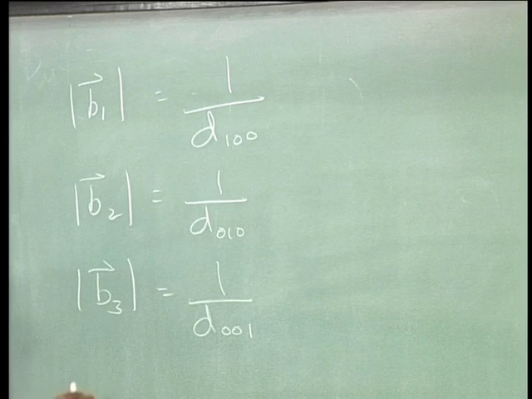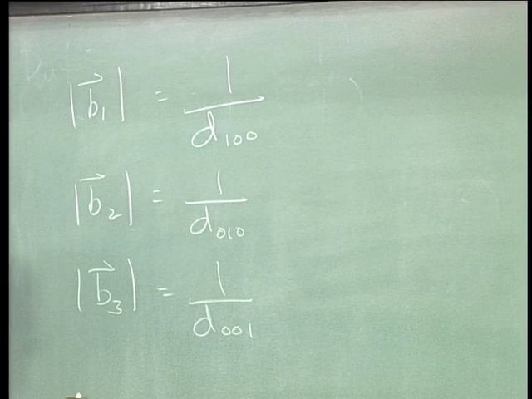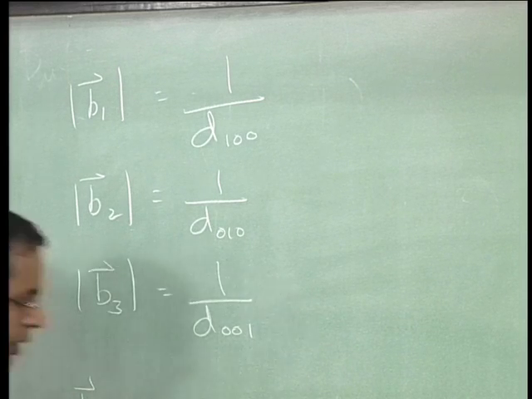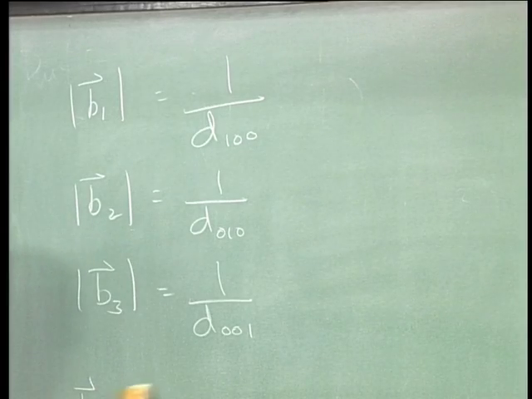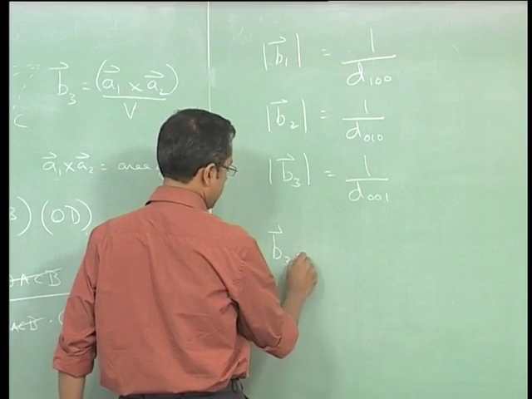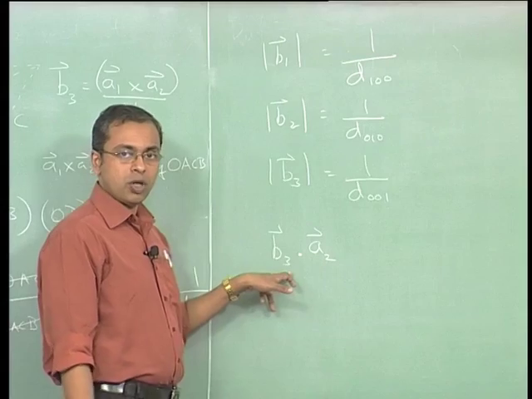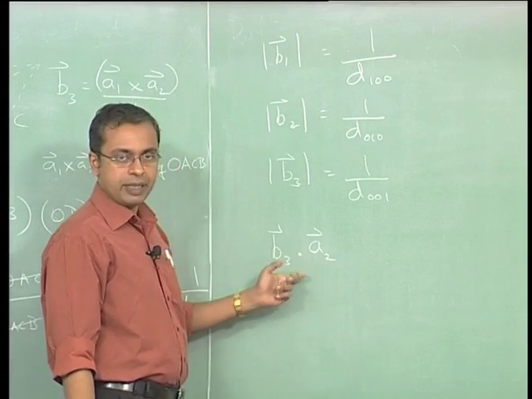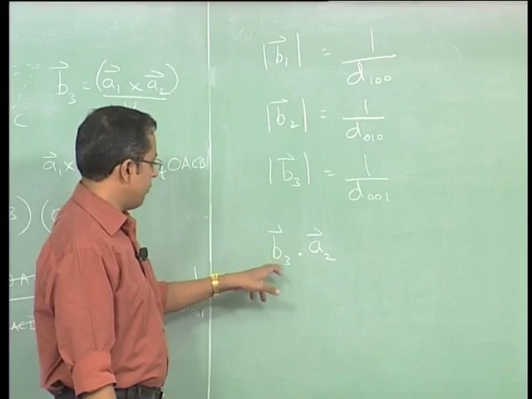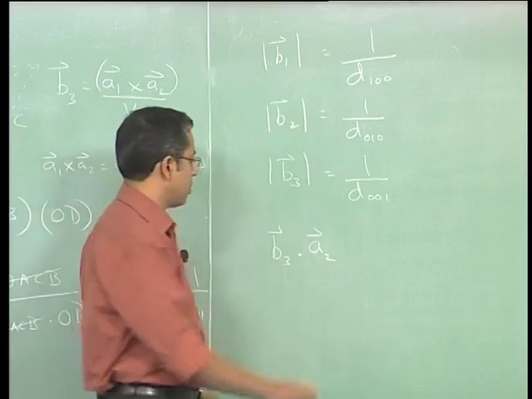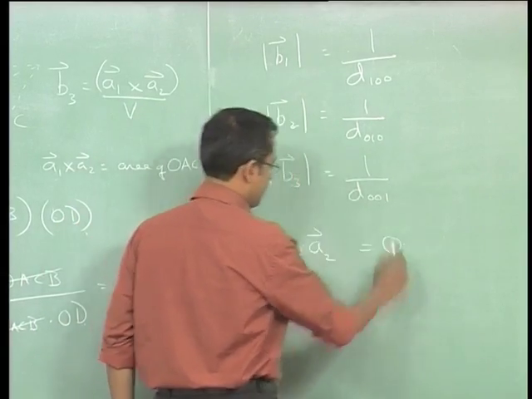Also if you look at the way we have defined it, we will also see that if you just take a product, say B3 cross A2, or B3 dot A2, okay. If you just take this dot product between B3 and A2, I have just arbitrarily picked these two vectors, we find that since B3 is already perpendicular to A1 and A2, this dot product is 0, okay.